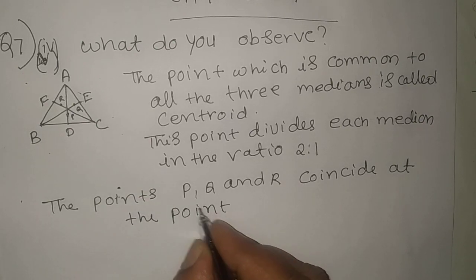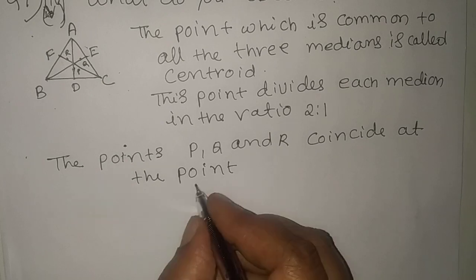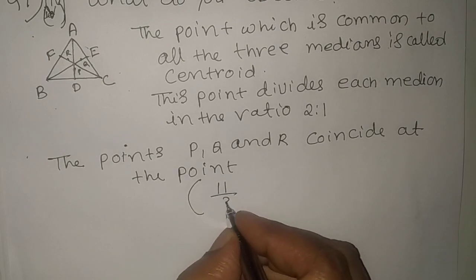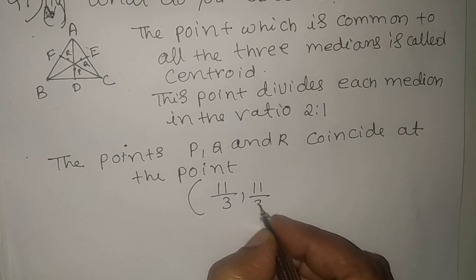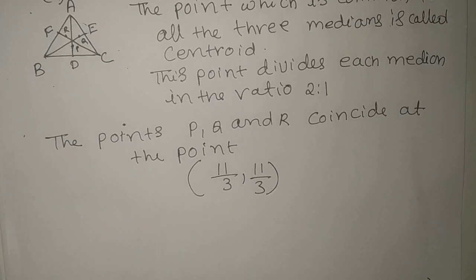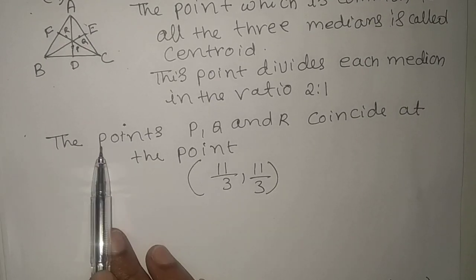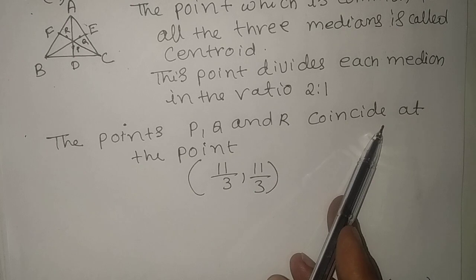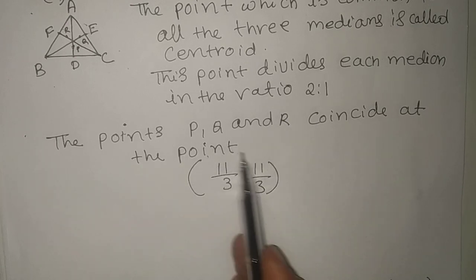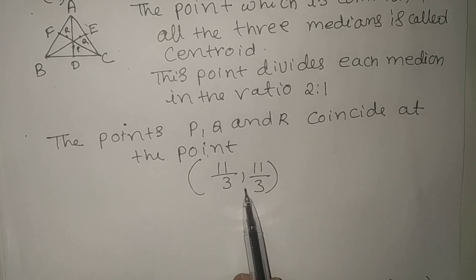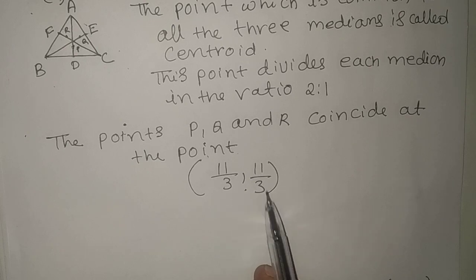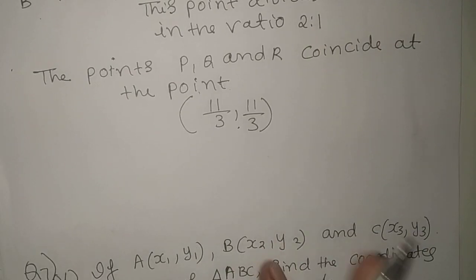So we got in every case 11/3 and 11/3. This is the result. We just have to write down, we observe the points P, Q, R coincide at the point 11/3 and 11/3. This is the result for the fourth sub problem.